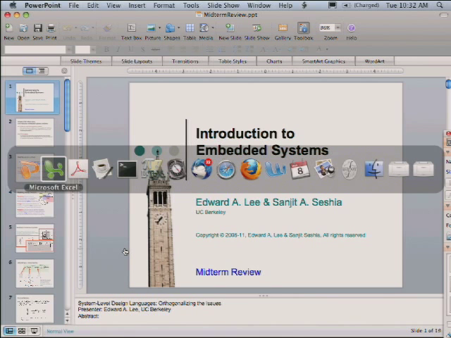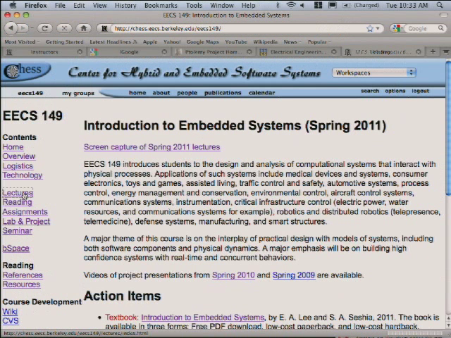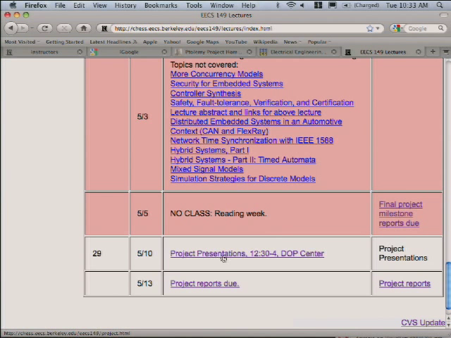May 10th, 12:30 to 4. If you have an irreconcilable conflict with this, I would like to know soon. But this is the scheduled time. And I think it is important to have them all together.